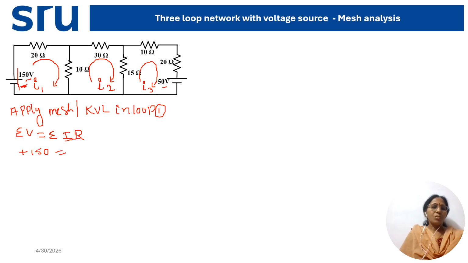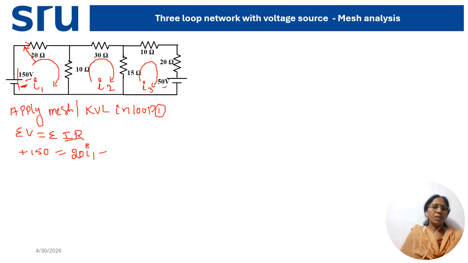Now the number of resistors in loop 1 is 2: 20 ohm and 10 ohm. First I write the voltage drop across 20 ohm. The current through 20 ohm is the same as the I1 current, since this loop current is the same as this branch current. So the voltage drop across 20 ohm is 20 into I1, resistance into current.